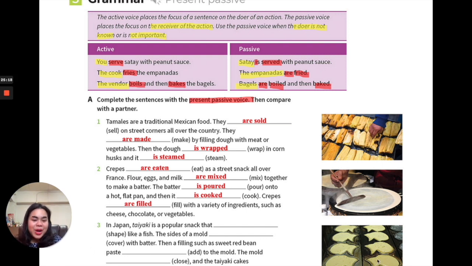Now the third one you see here, delicious snack, okay? This one in Japan, taiyaki. You see, taiyaki, they don't add s because you are talking about a kind of food first, okay? It's a specific noun, like a name. You say kaprao, right? You don't say kapraos.